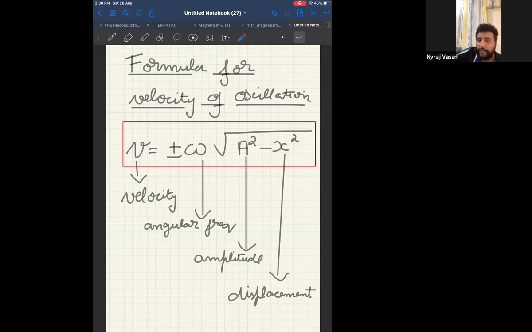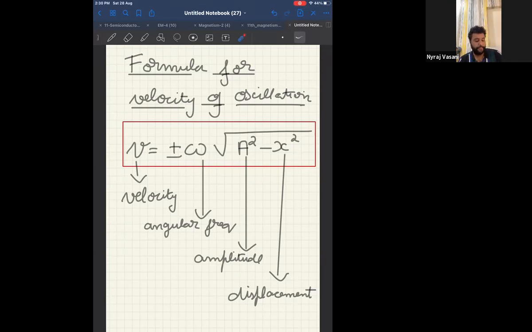What will you say? The formula for velocity of oscillation is plus or minus omega root of a square minus x square. Now the third question that I'll ask in the Viva is, what is the formula for displacement of oscillation? Now I'll give you a formula for displacement of oscillation.